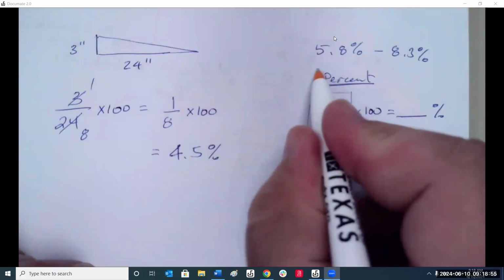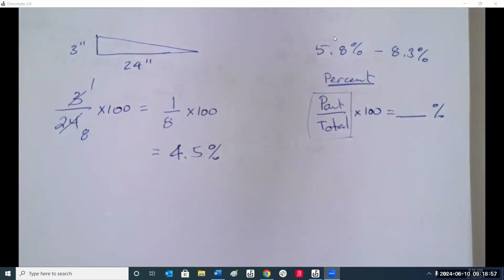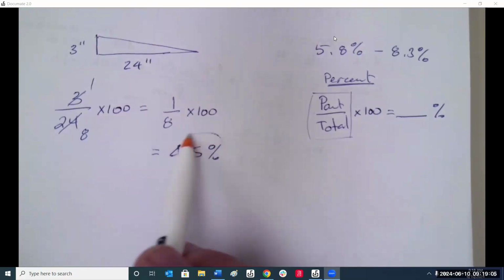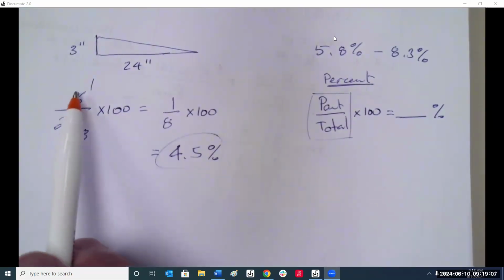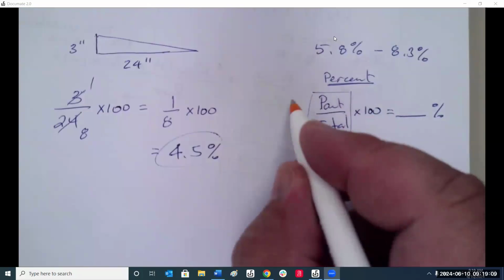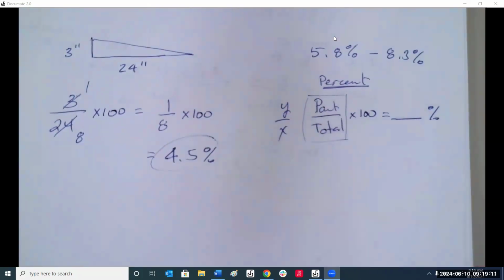No, because it's outside the range. Was anybody going to complain about it? No, because it's not that steep of a grade. But this is the number they're looking for, the y over x, which is the part over total, the rise over the run.